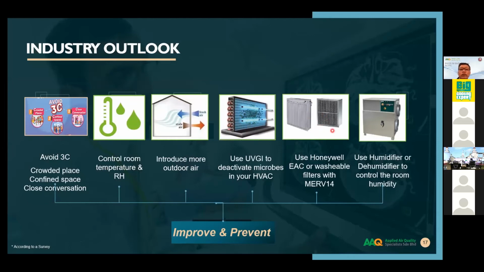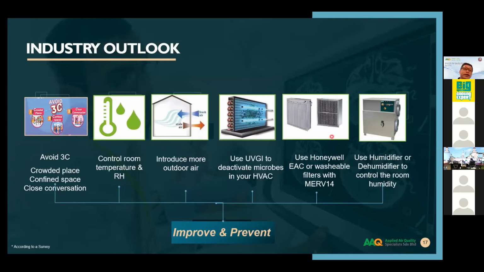And then also, if you introduce more fresh air, you may have some problem with humidity. So this is where the dehumidifier comes into play. This dehumidifier is actually to control the room humidity, to prevent unforeseen problems that you will face if you introduce a lot of fresh air.